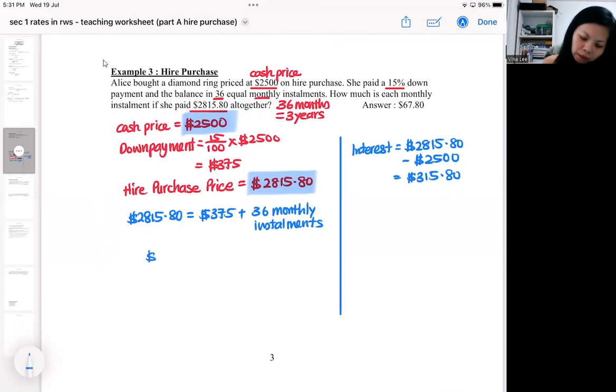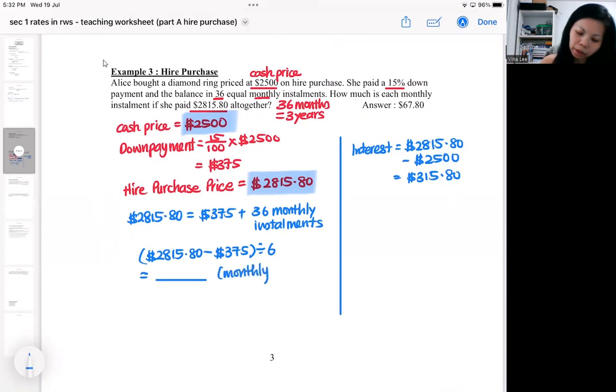You can just do a subtraction. You take away the down payment and then you divide by 36. That will be the monthly installment. That means every month she paid this amount. If you punch the calculator, you will get 67.8. Okay, so that's how you answer the question.